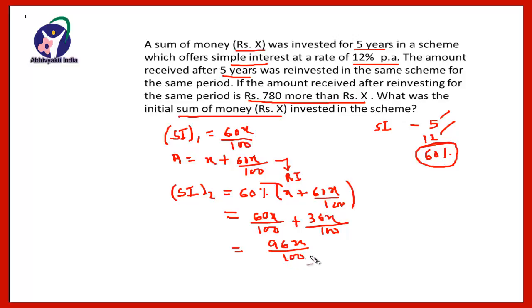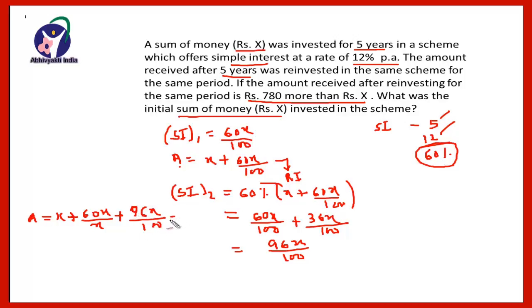And therefore the amount received in this case will be equal to X, this will be the principal, plus 60X by 100, plus this is the simple interest, that is 96X by 100.